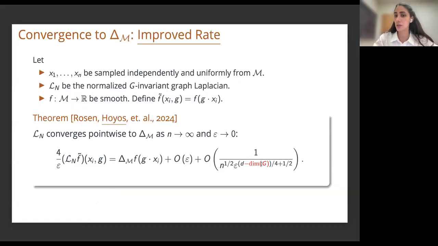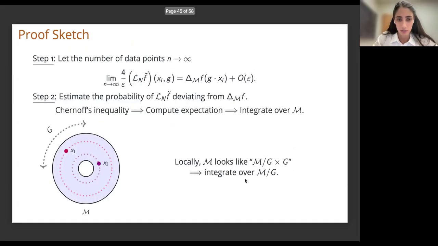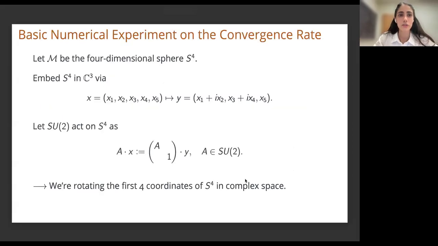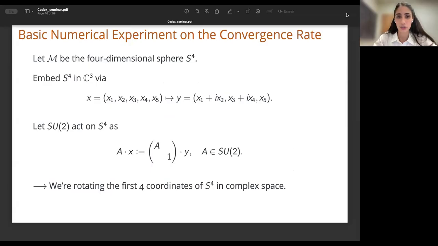It's D minus the dimension of the group, because this is the dimension of the quotient. Maybe I just want to recall that D is the intrinsic dimension of the manifold that we're working with. So that's our result. Now let us illustrate it with a basic numerical experiment about the convergence rate.